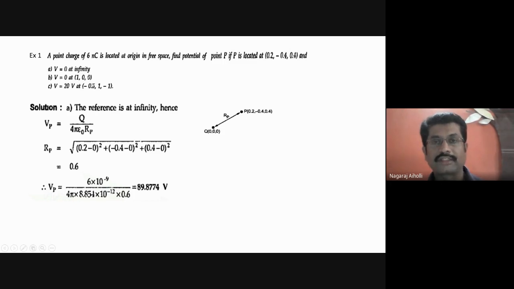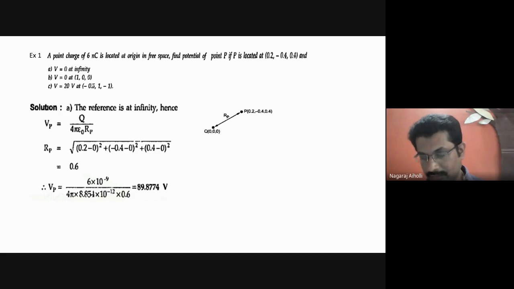Then what will be the equation? Q by 4 pi epsilon naught R plus C, or Rp plus C. Q by 4 pi epsilon naught Rp plus C we will get.